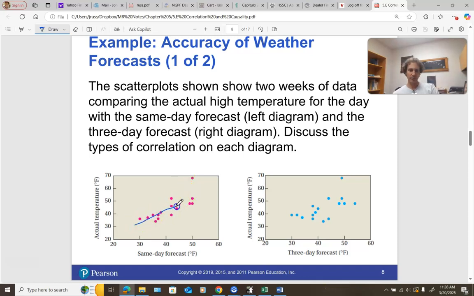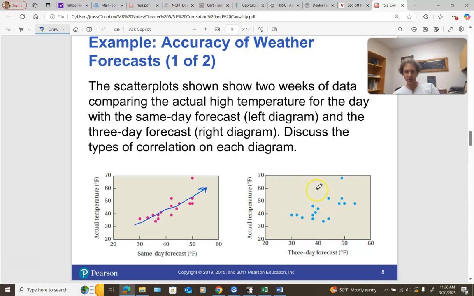And we do see an upward trend in data, okay? Now, what we have, well, let's keep reading. And a 3-day forecast and the actual recorded high temperatures, okay?